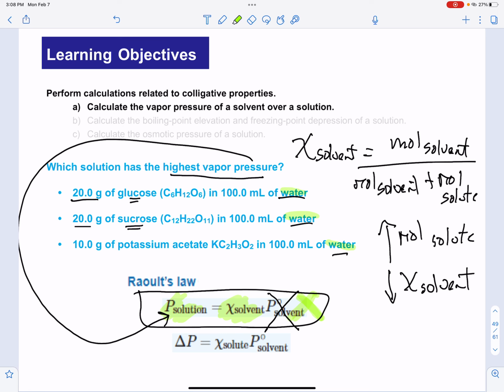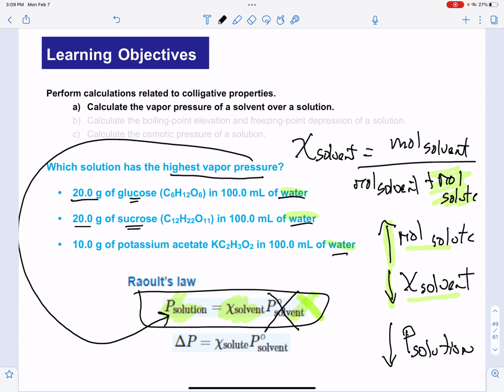So if the denominator gets bigger, then my answer will be smaller. So the bigger the amount of solute is, the smaller the mole fraction of the solvent is going to be, which is going to make smaller the pressure of the solution.